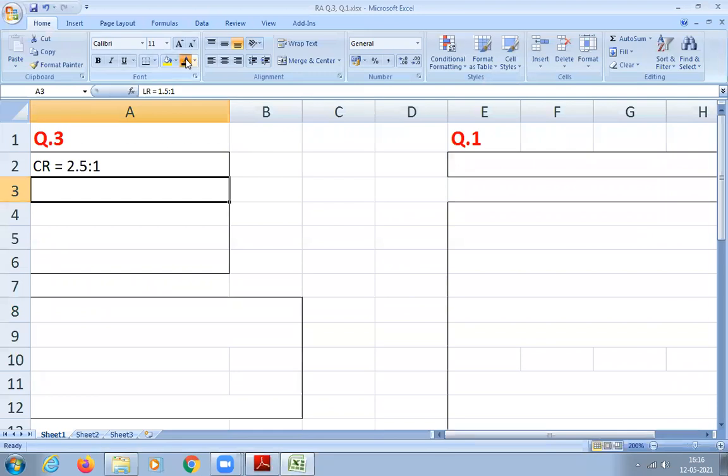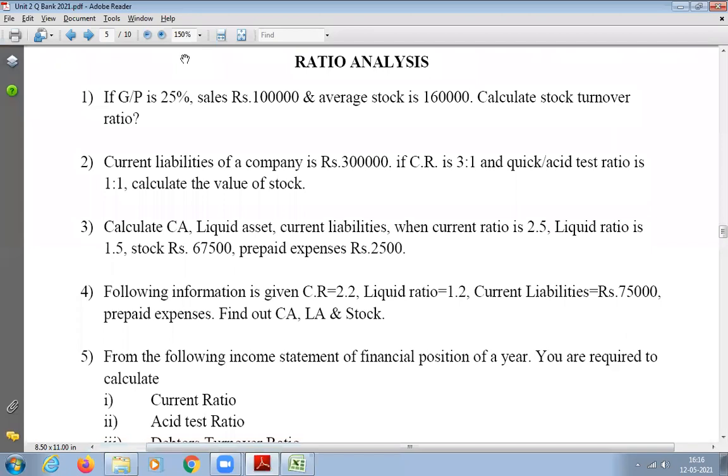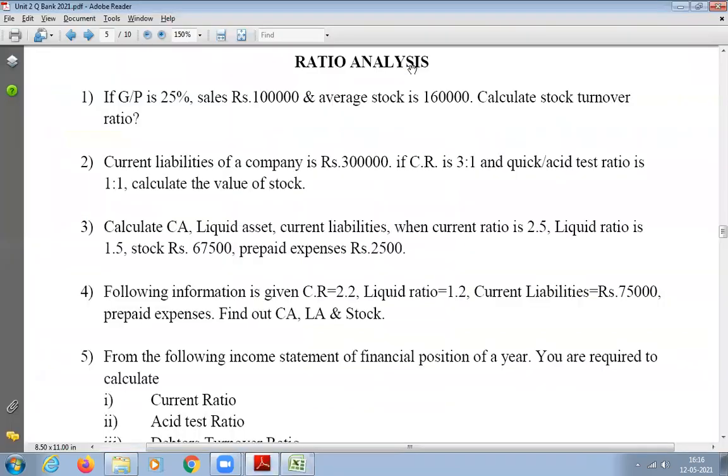Write down, liquidity ratio 1.5:1. The 1 is not given, so it is understood. That means the denominator is 1. And then stock is given how much? 67,500. Then prepaid expense 2,500.